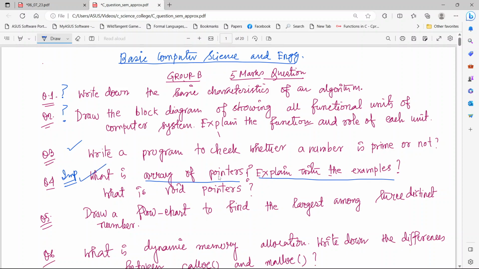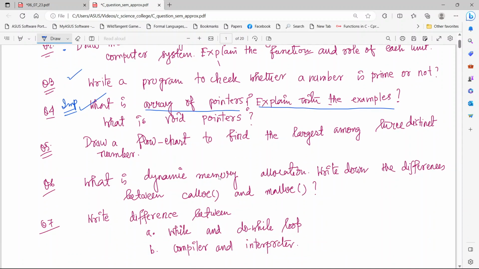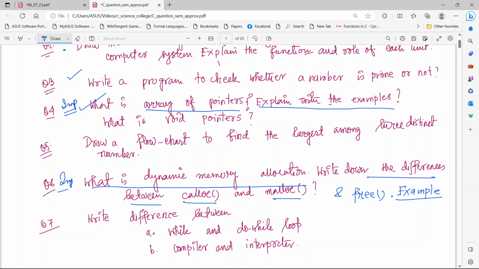That particular part is very much important. Also, what do you mean by dynamic memory allocation, and write down the differences between calloc, malloc, and also free, right? There are three things. That means what is dynamic memory allocation, and write the differences between malloc, calloc and free, and you should give an example, and just do it with an example, right?